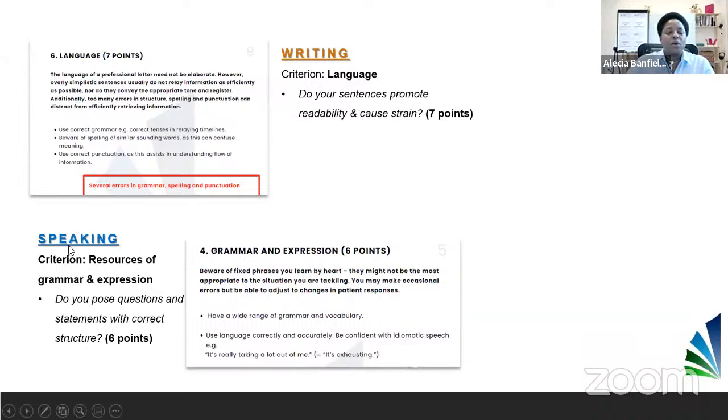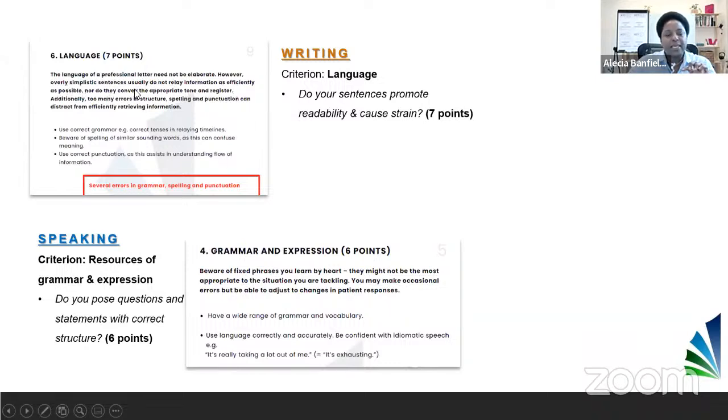Grammar is so important in OET writing that it is one of the criteria. The criterion is language, and do your sentences promote what we call readability, or cause strain? This criterion, language, is actually worth 7 out of 38 points. That's a lot, so you don't want to be throwing any of those points away. The language of a professional letter need not be elaborate.